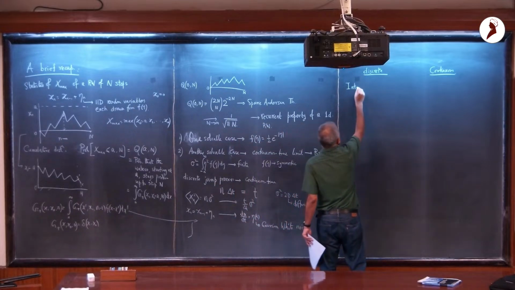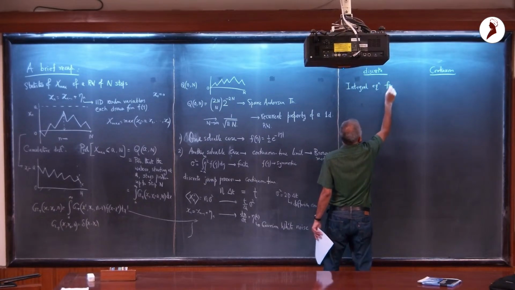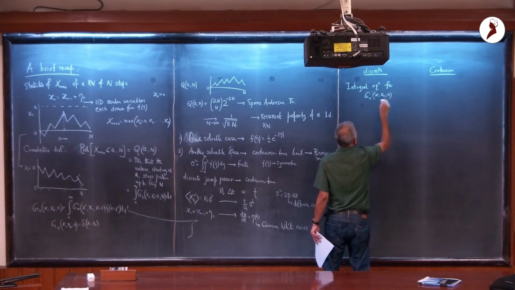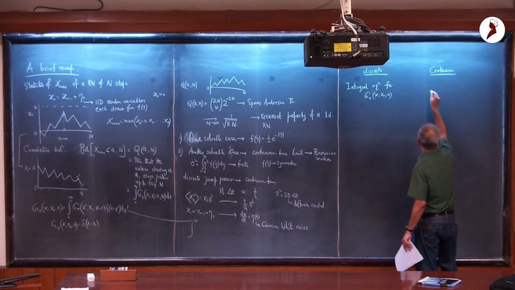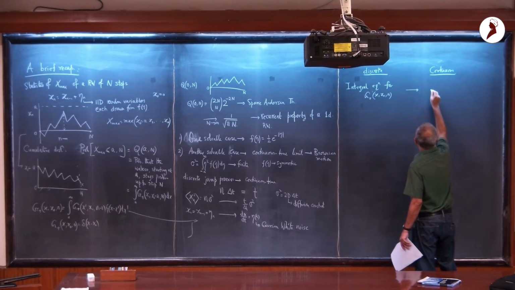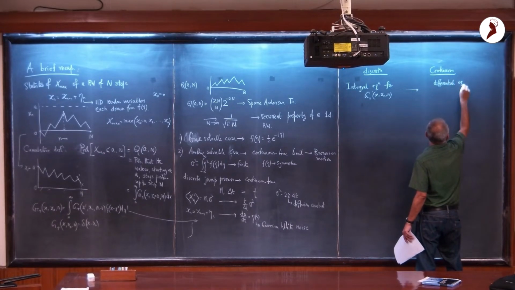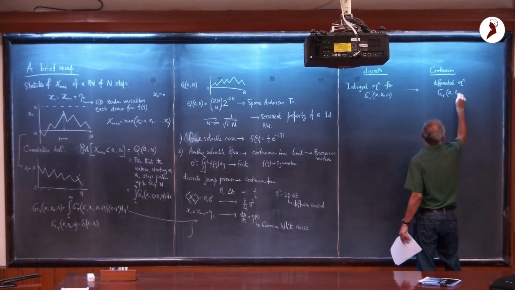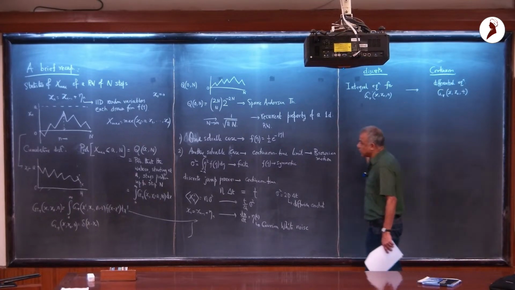So the integral equation for this guy, this is our restricted propagator, right? This is the basic object we need. So that becomes a differential equation. And how to derive this differential equation?